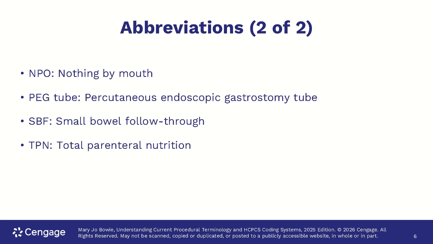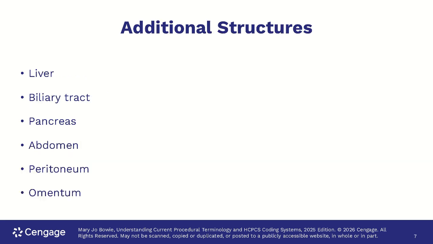So let's talk about abbreviations. These are always located in the beginning of the textbook. These abbreviations apply to procedures that you're going to see for this system. Now I just showed you the different organs of the digestive system, from the lips all the way down to the anus.